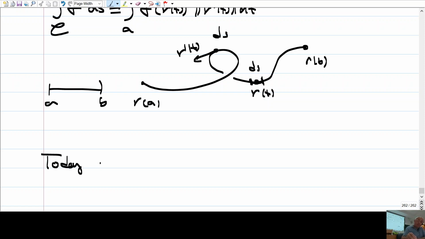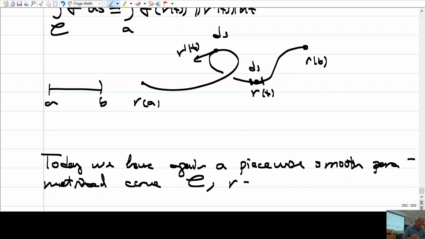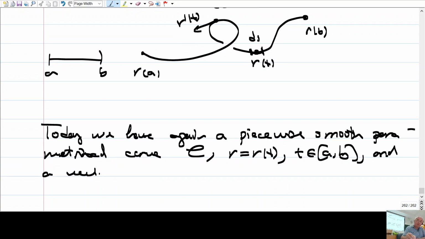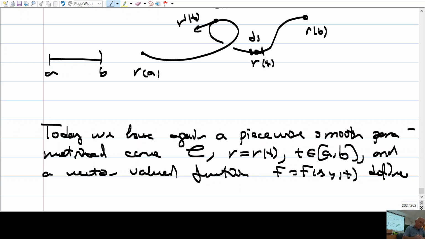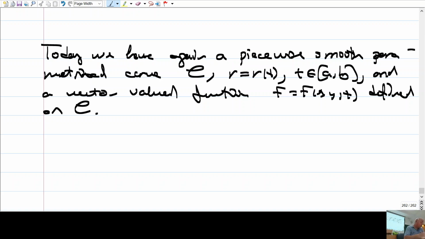Today we have again a piecewise smooth parameterized curve C with parameterization, let's say r(t), again defined on some interval [a, b], and a vector valued function F(x, y, z) defined on this curve C. Okay, and then we would like to compute the integral.